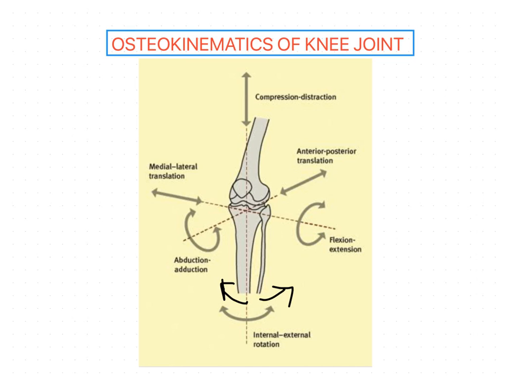The knee joint can also undergo tibial or femoral displacements. So what do we mean here? You want to understand that either the tibia will move anterior or posterior on the femur, or the femur will move anterior and posterior on the tibia.